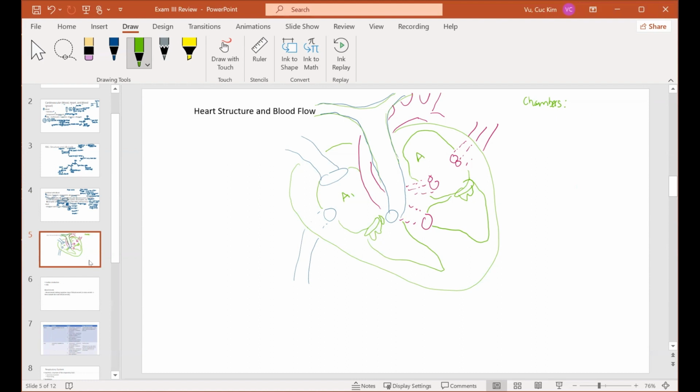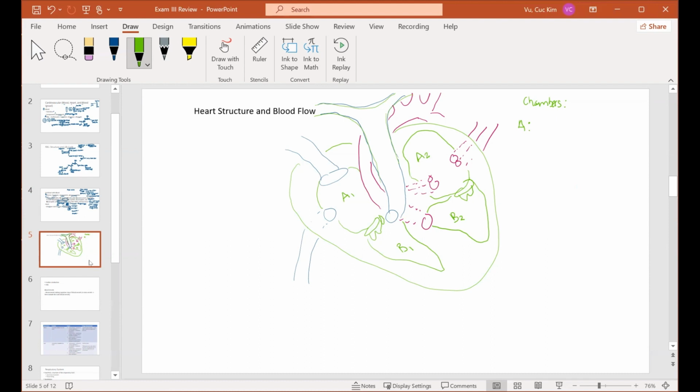There is a right and left. What are the two main chambers first? Yep. So you have the atriums and you have the ventricles.